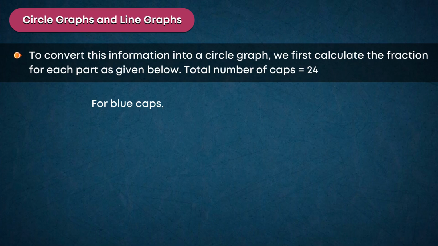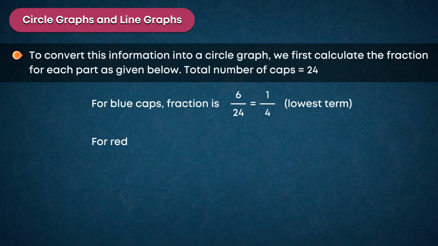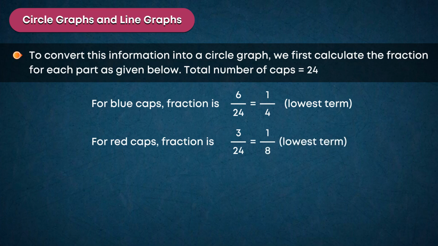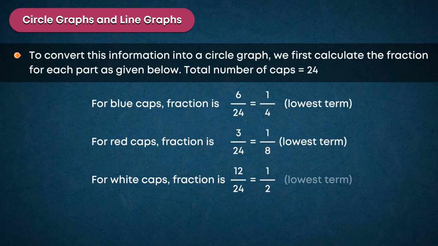For blue caps, fraction is 6 by 24 is equal to 1 by 4, in lowest terms. For red caps, fraction is 3 by 24 is equal to 1 by 8, in lowest terms. For white caps, fraction is 12 by 24 is equal to 1 by 2, in lowest terms.